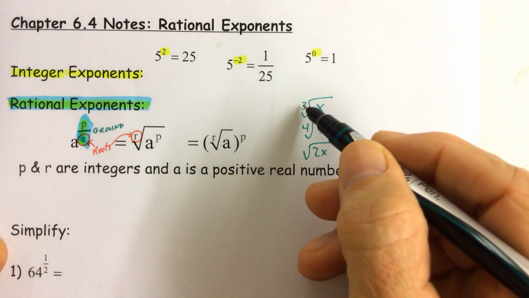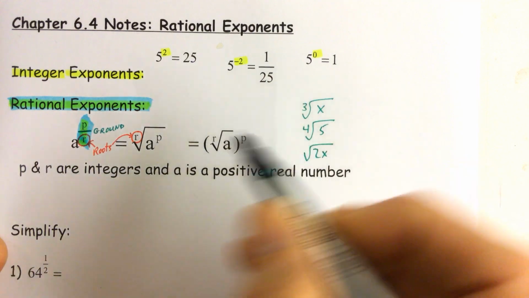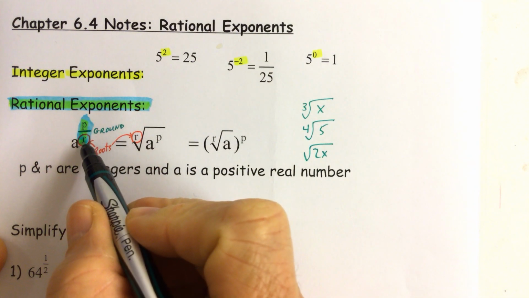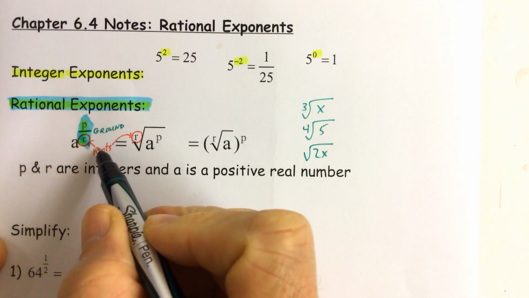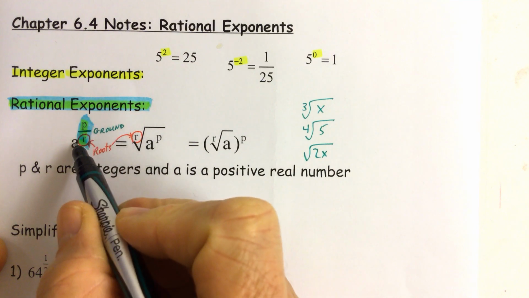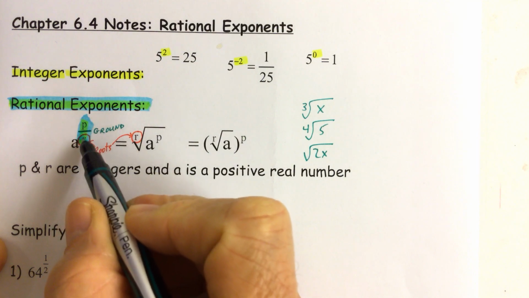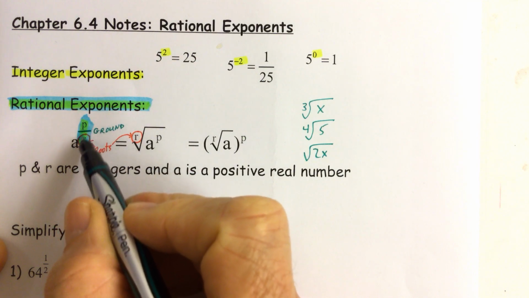So we always say root when we say that number right there. And so that number under the ground, that's where roots grow, and that's where we're going to put it when we have a rational expression in exponential form, a to a rational exponent.